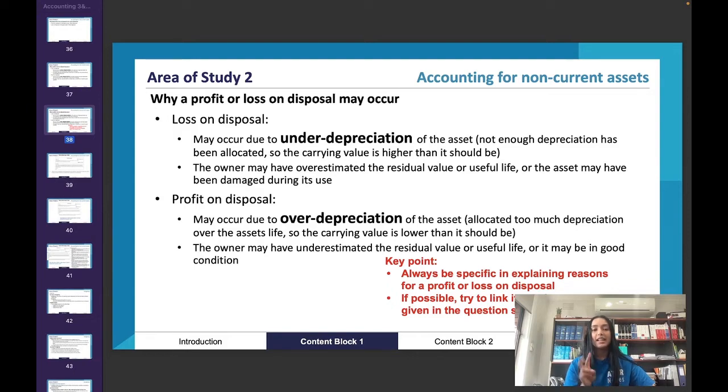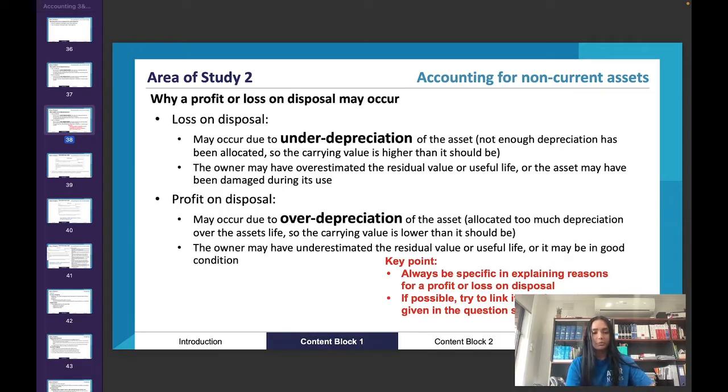And then you would say, this under depreciation either happened because of overestimating the residual value or useful life, or there might have been damage to the non-current asset during its use by the business. So if that makes sense, always be super, super specific when explaining the reasons for a profit or loss on disposal. And if you're going to say under depreciation, explain why.